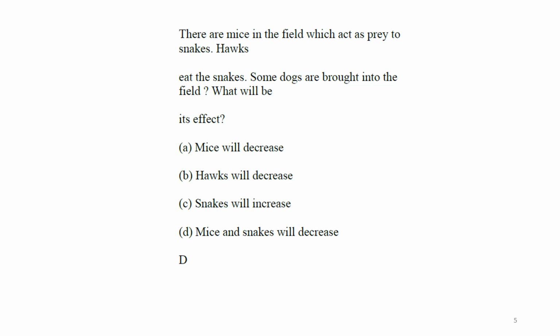Even if you put some dogs in the field, the mice and snakes will decrease. It's a kind of food chain. Snakes eat mice and hawks eat snakes. So obviously both populations will decrease. The answer is D.